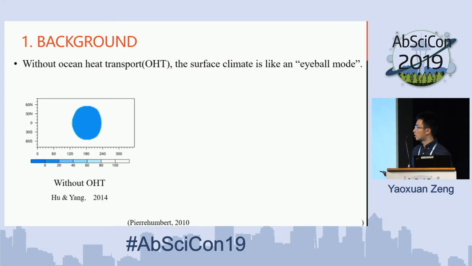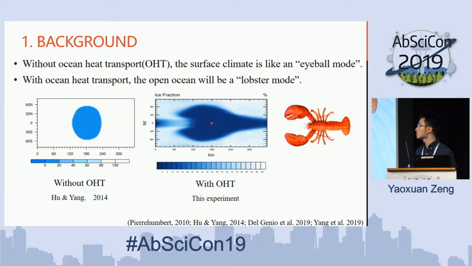So the open ocean area will be constricted to the day side around the substellar point. However, if we take ocean heat transport into consideration, the open ocean area will be largely expanded, because the ocean can transport heat from the substellar point to higher latitudes and to the night side.